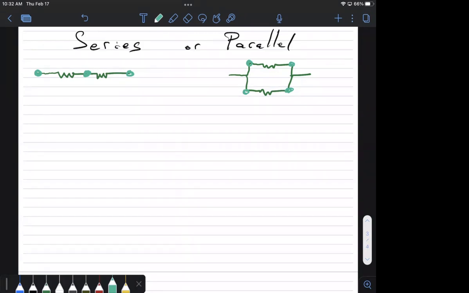But for the parallel one, notice this node and this node on the left side, in between them is just wire. So really, this is all one big node. It's not two separate ones, it's just one node. And it's the same for the right side over here. Here's a node, here's a node. There's nothing between them but wire. So really, that's just one big node.